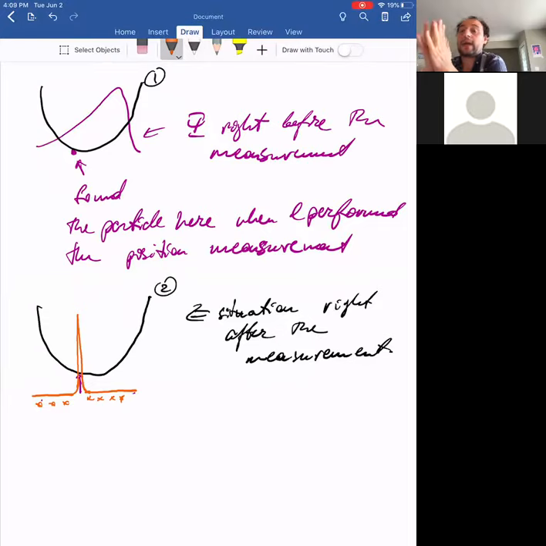We can never perform a position measurement to arbitrary accuracy, so it will have a finite width, but a very small width, and the width will be given by the accuracy of the measurement. Perhaps it would be something like this, or maybe a very narrow Gaussian, or maybe kind of a triangle.